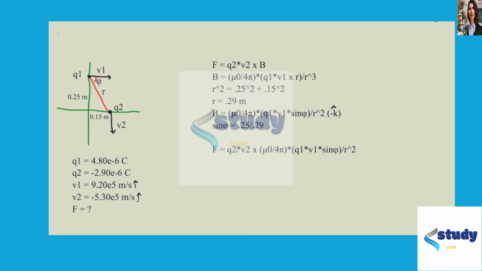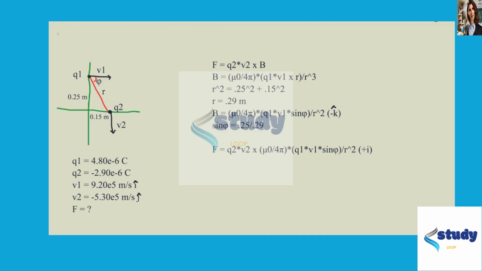So now when we come over here and look at V2, V2 is going in the minus j direction, the minus y direction. When we take the cross product, we want to do V2 cross minus k, and that's going to give us the direction in the plus x direction, or the plus i hat direction.